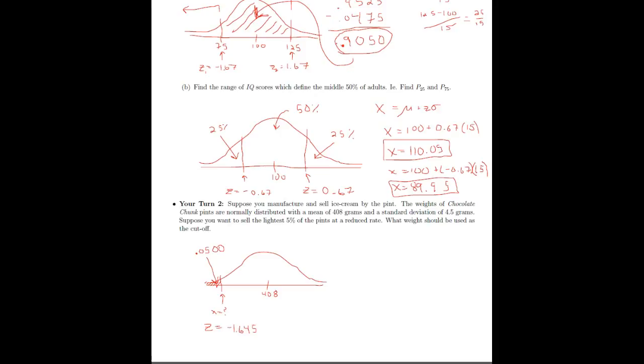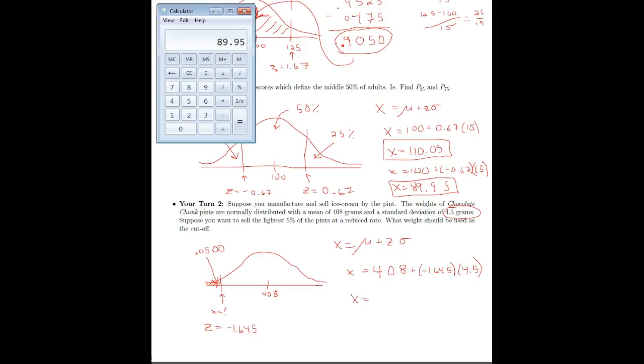All right, and now we can get our x value, the weight of the ice cream. So x is going to equal mu plus z times sigma. In this case, the mu is 408. Our z-score is negative 1.645. And our sigma is 4.5 grams. So plug all these into the calculator.